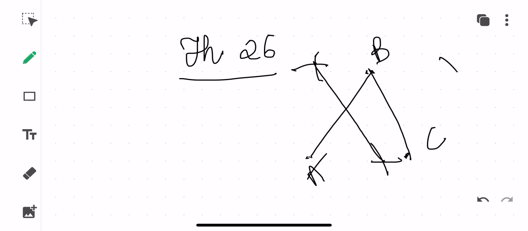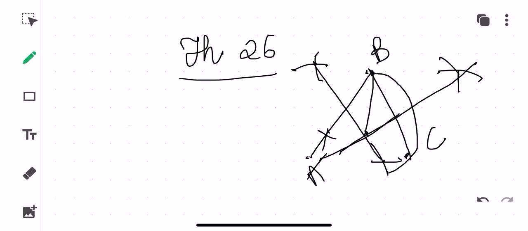For BC also you will form 2 arcs, and suppose this is my perpendicular bisector. Wherever these two meet, that is going to be my center, and taking this as center and this as radius, you can draw a circle like this.